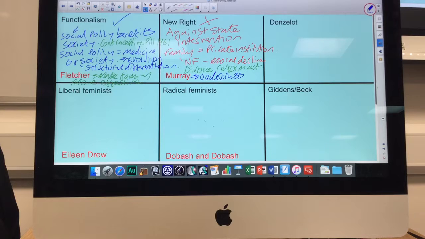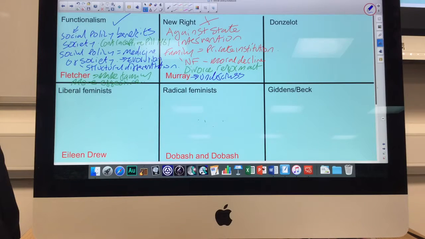The Divorce Reform Act allowed this to happen by making divorce a lot simpler, because instead of having to prove a marital crime had taken place, it could now be done under a breakdown of marriage, which has made divorce much easier to access. Charles Murray would say this has been a symptom of, or has caused, the underclass: loads of immoral family structures living off the state, and as a result ruining society. Nice paragraph there, all from the information in that box. I hope that makes sense. Please ask if not.